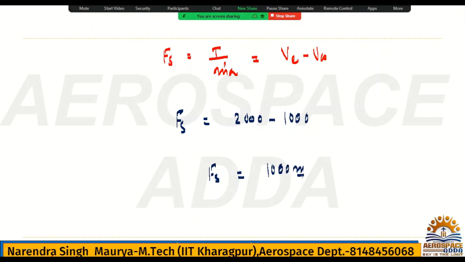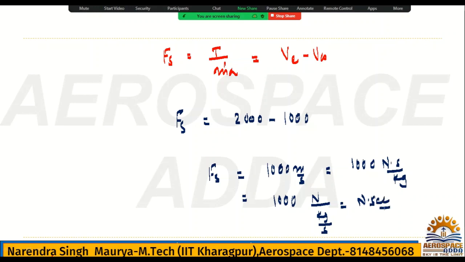1000 meter per second, or the unit of the specific thrust is also 1000 Newton second per kg. Actually how it comes, you can check. Thrust is nothing but Newton divided by mass flow rate of air. What is the mass flow rate of air? Kg per second. So you can write Newton second by kg.